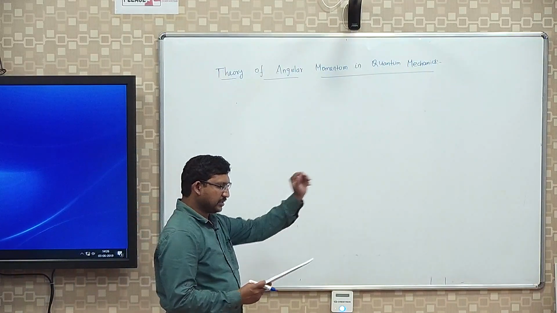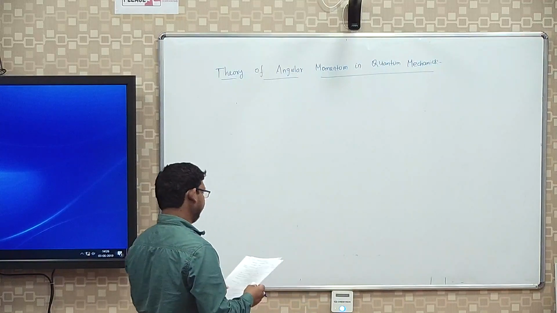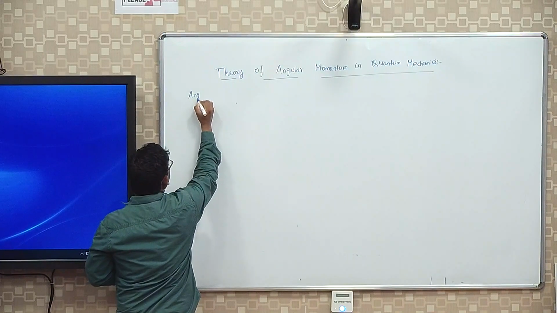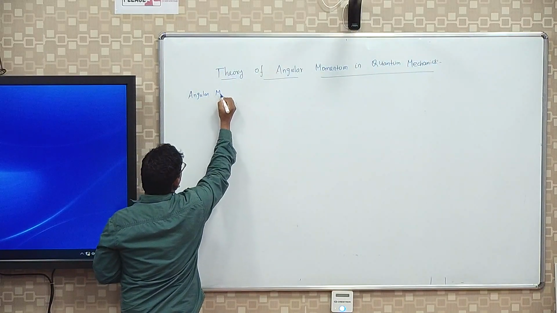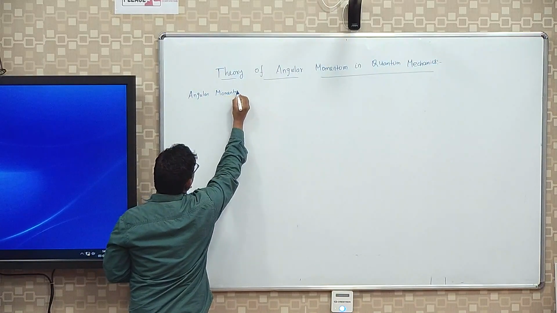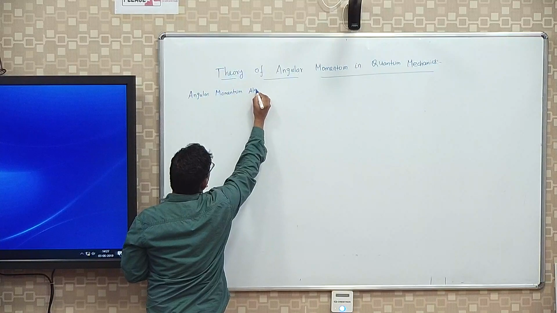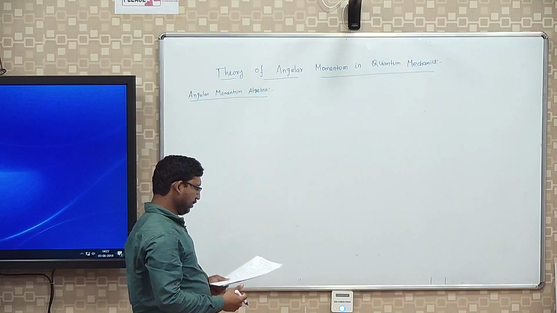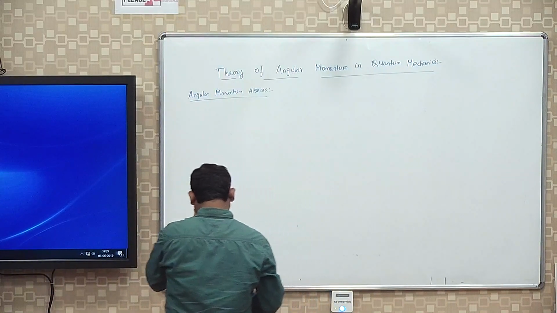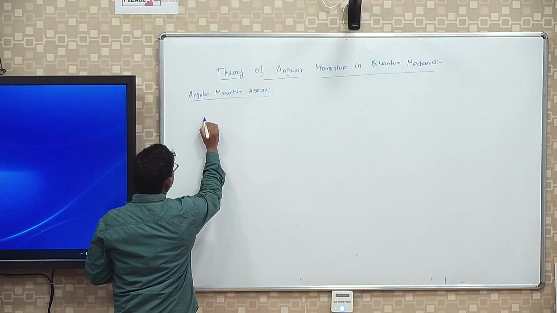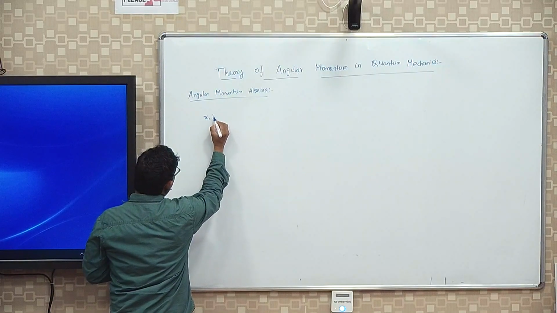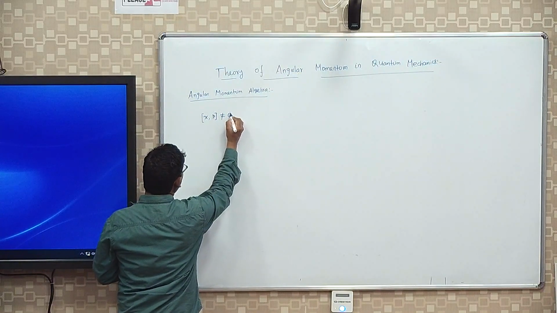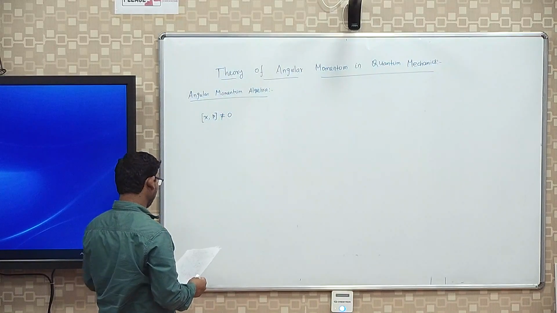Okay, now let me discuss something about the angular momentum algebra. According to commutator algebra, the position of the particle and momentum of the particle do not commute with each other.